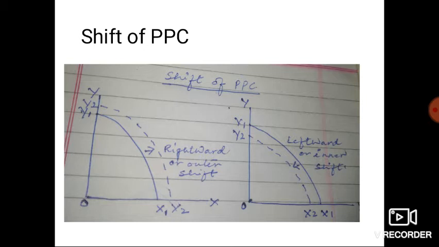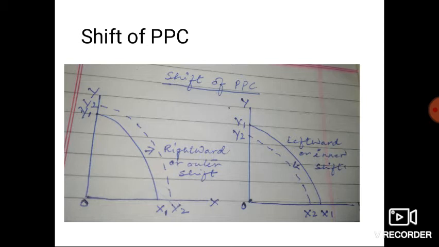Now let us understand with the help of Khetilal's example. In the first case, Khetilal was able to produce OX1 and OY1 of the Y commodity and X commodity respectively. But if Khetilal uses an advanced technique and his resources are increased, then he will be able to produce more of the X commodity and more of the Y commodity.